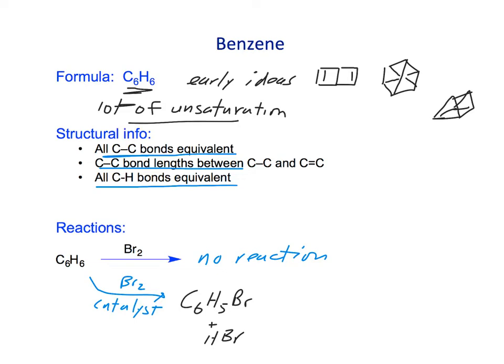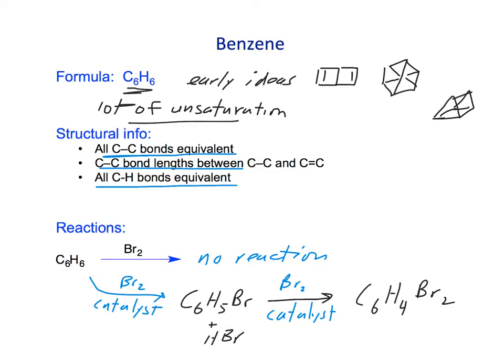And then, in fact, you could do this reaction again using the catalyst. And it could add again, giving C6H4Br2.